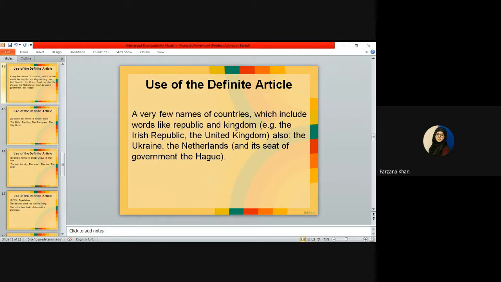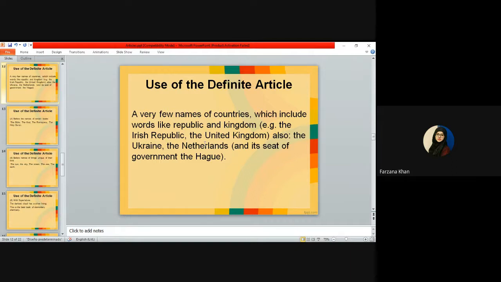If the name of the country includes any common noun, which can be republic, kingdom, or united, which can be added in the name of any other country, then you will always place the definite article with the name of that country. There is also another exceptional case with the names of two countries, which are Ukraine and Netherlands. These two always require the definite article.